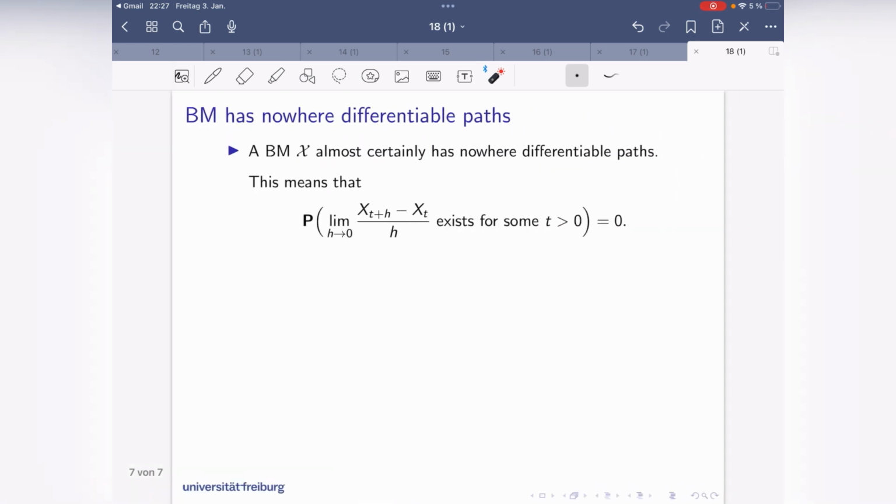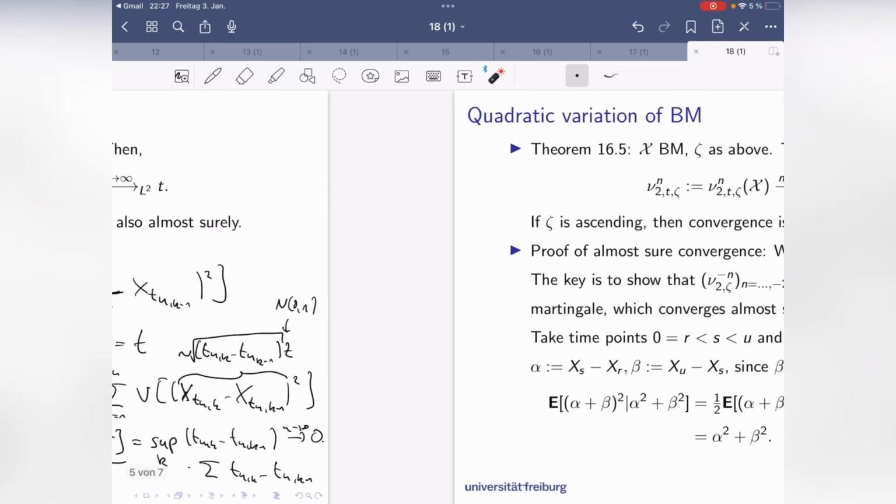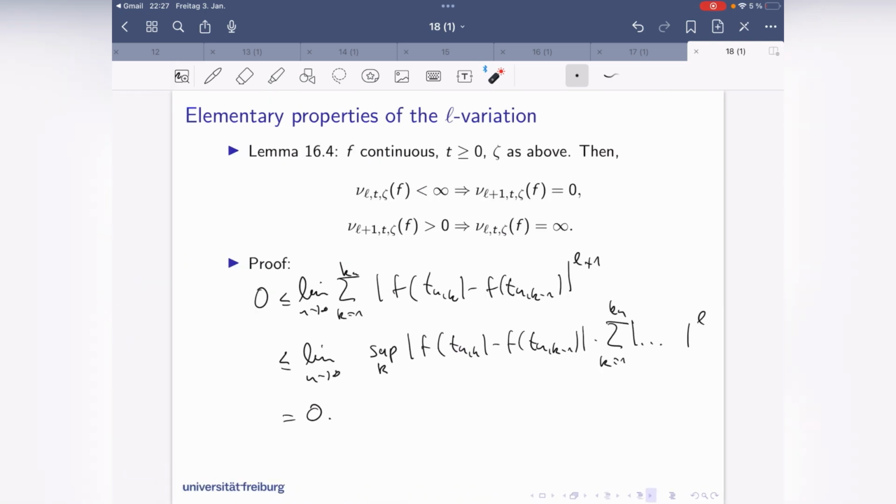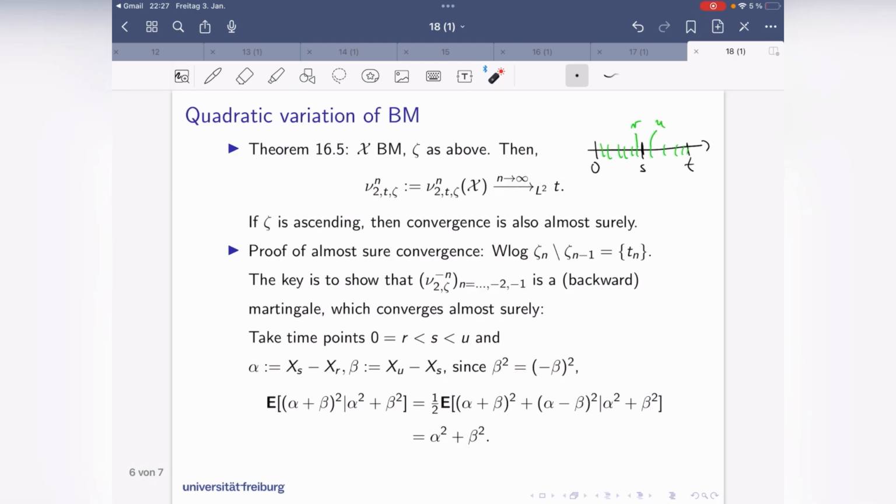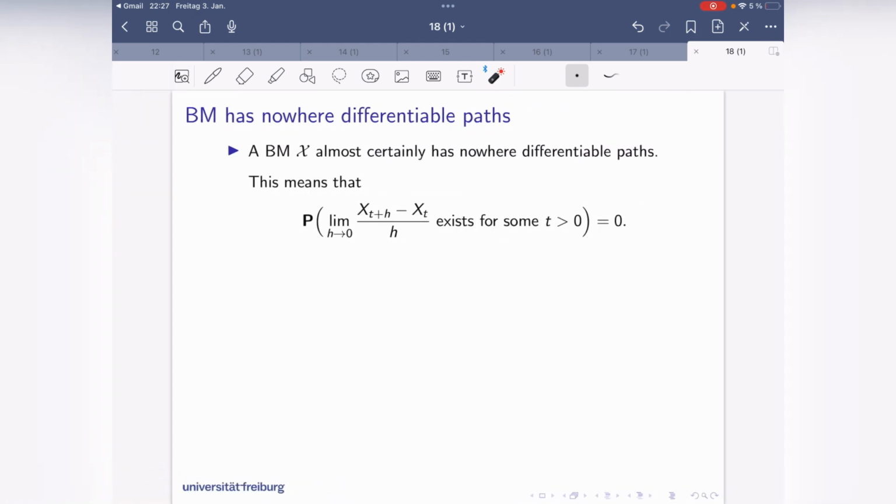The only thing I want to mention is, well, based on this thing here, we have a quadratic variation, which means the variation is infinite. And if the variation is infinite, there is no way that the Brownian motion can have a differentiable path somewhere.